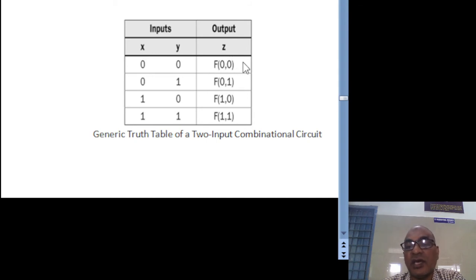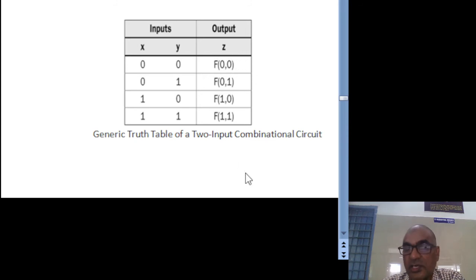The first value is referred to as f of 0 0, the second one is f of 0 1, then f of 1 0, and f of 1 1. The value depends on the function. The first output is f of 0 0, that is, the value with inputs 0 0, and that value you have to load here.